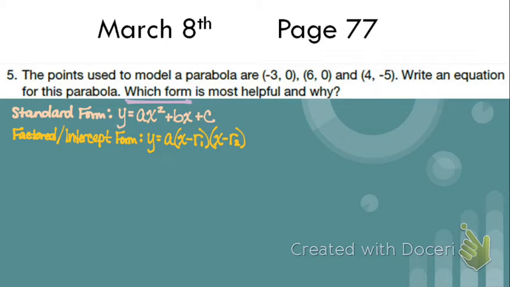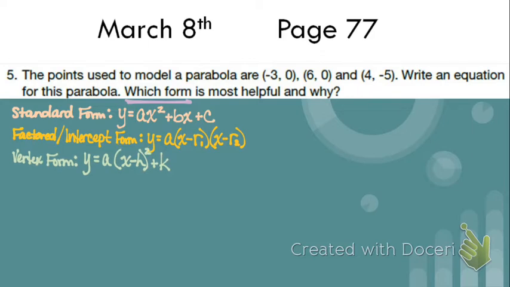And then we have our vertex form. Vertex form is the one with a, h, and k that you used a lot in Algebra 2 for all the different graphing stuff. y equals a times (x minus h) squared plus k. And apparently I can't write straight without lines. That's a little bit better.